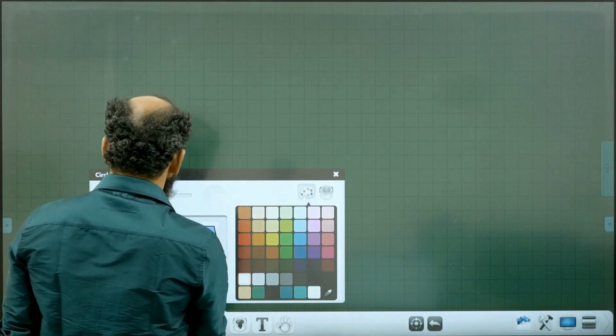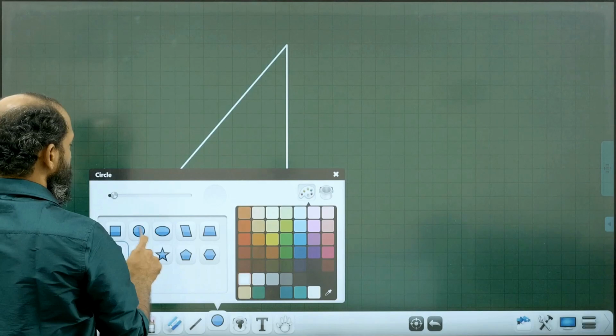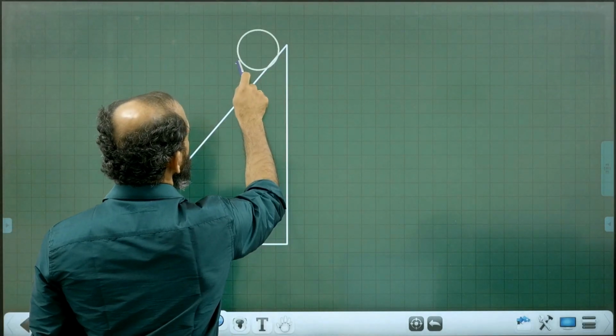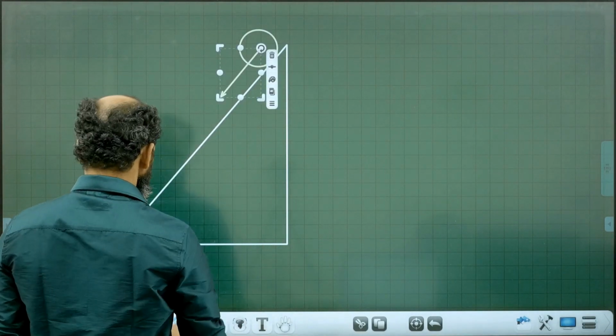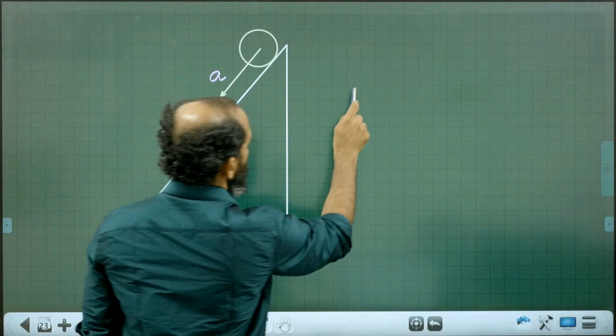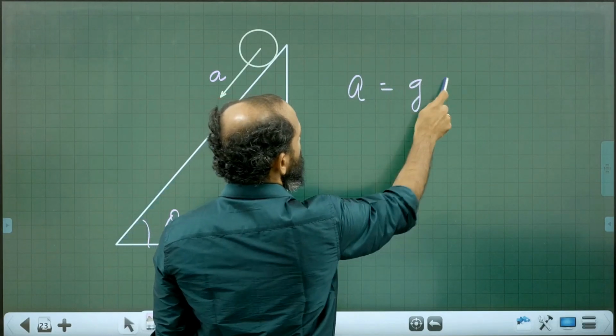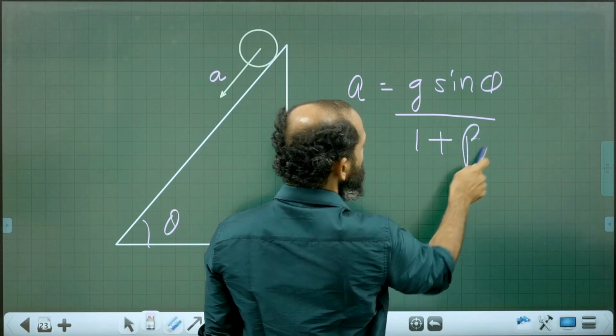This formula can be used as an important one. Now, if you have an inclined plane and a body is rolling down, whose shape you do not know, rolling without slipping, what is the acceleration if the inclination is theta? The acceleration of the rolling body is g sin theta divided by (1 + beta).